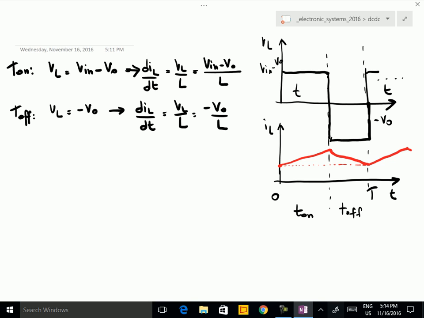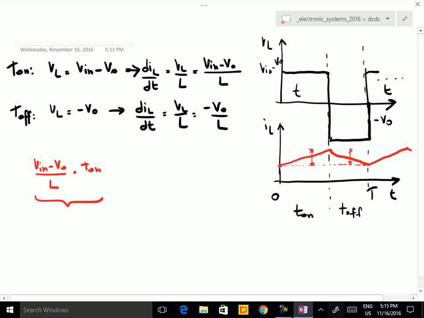Now we can exploit this situation in order to evaluate the difference between the output voltage and the input voltage. This is relatively easy because I can compute the increase in current during T on, and I can compute the decrease in the current during T off, and the two things must be equal. So this increase in current during T on is the derivative V in minus VO over L times T on.